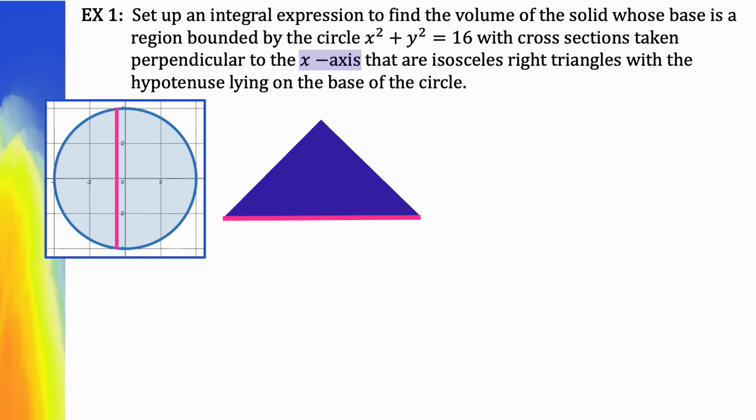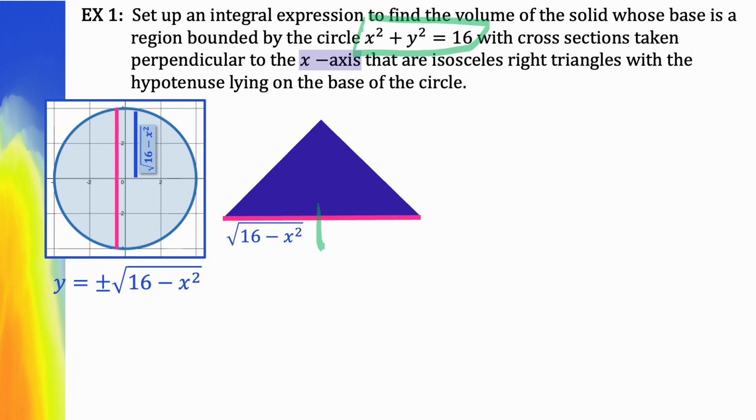So this one's a little bit tricky because if I take this function right here and I solve it for y, because we're perpendicular to the x-axis, I get y equals plus or minus the square root of 16 minus x squared. Well, the plus part of that is on the top half of the circle, so that's only half of the hypotenuse down here.